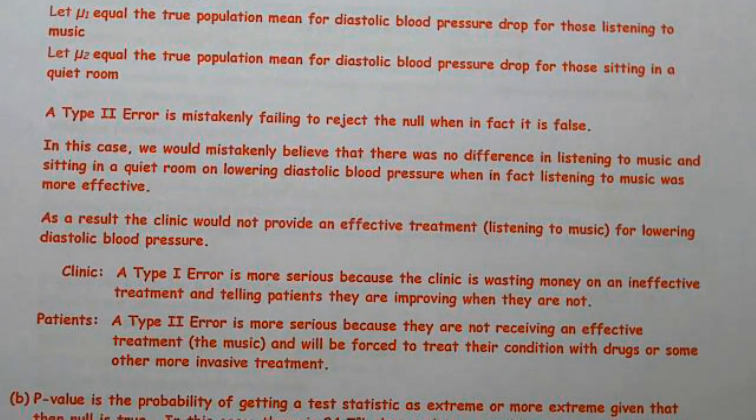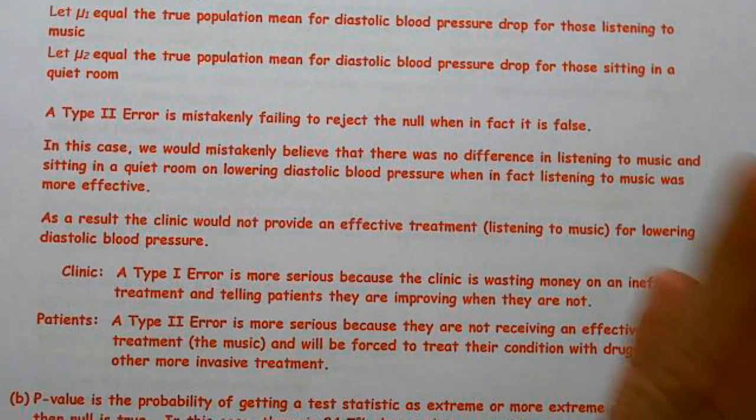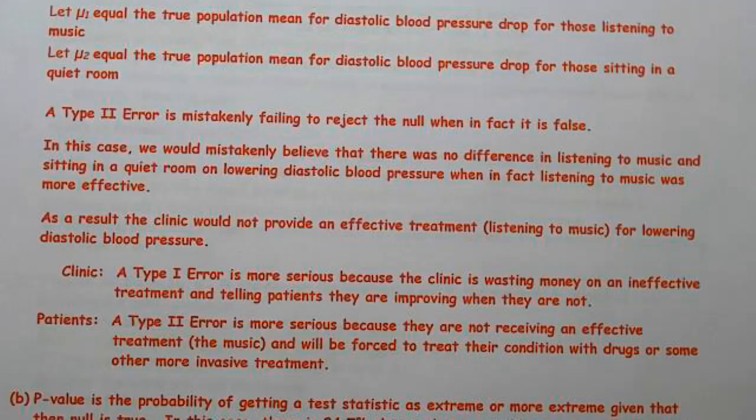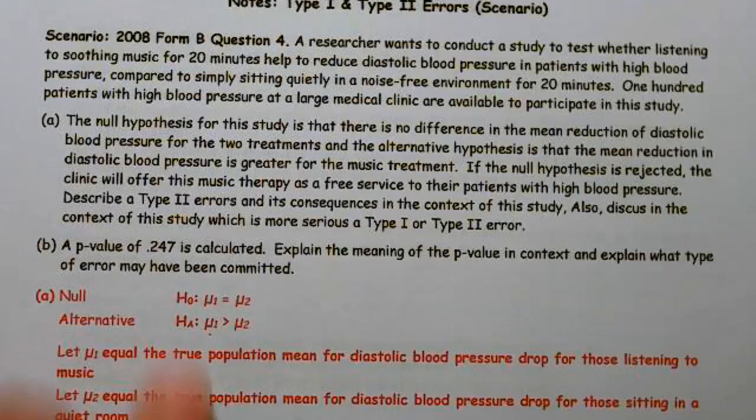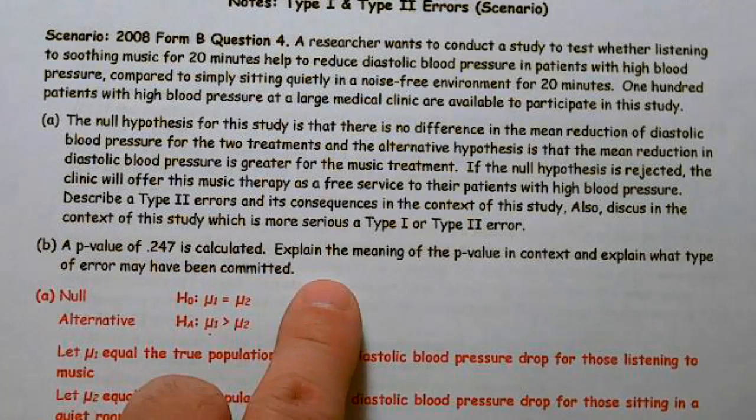Now you can argue about those; if you ask me which one's worse, that's kind of my opinion. Your opinion might be slightly different, but be a little bit creative and tie it to the actual problem.